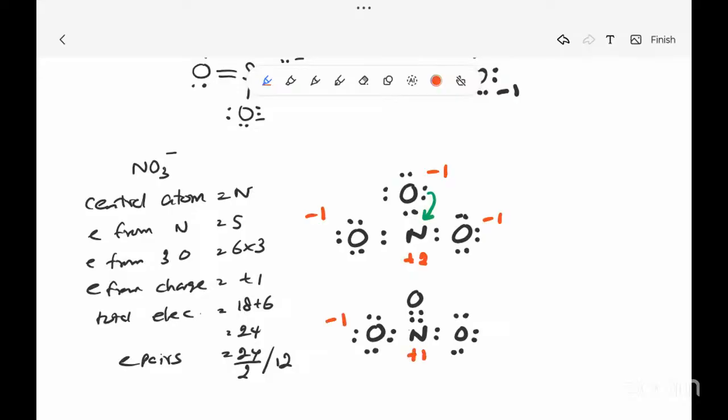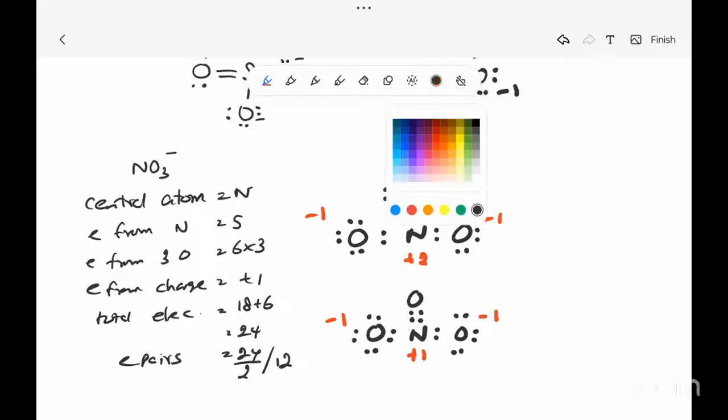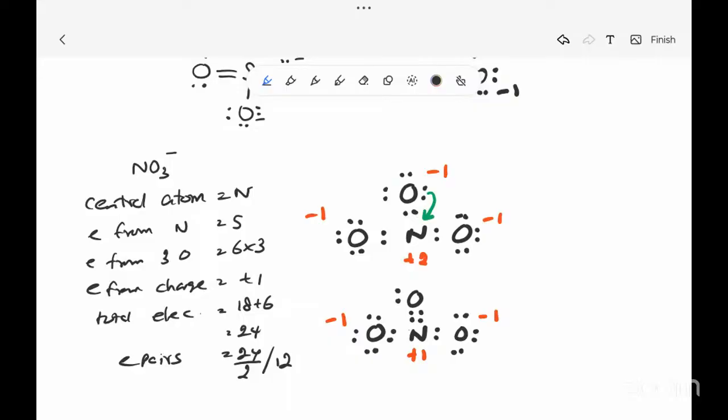Here it is minus one. Here it is minus one. I couldn't place something like this. These two as well. So the Lewis dot dash structure will be something like this: nitrogen double bond oxygen. There will be a minus charge. Oxygen, something like this. So this will induce minus one and plus one.